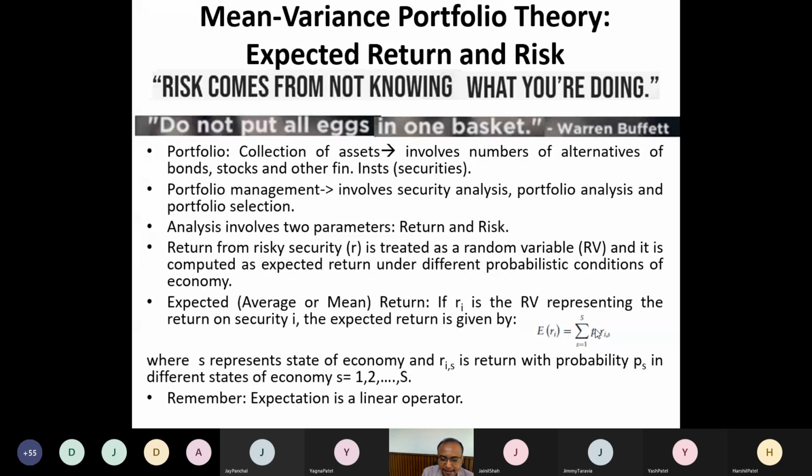Now this PS is predicted by some economist, right? You know, there is an organization called CMIE. Can anyone tell me the full form of CMIE? These are very common things that you should know if you study this subject, because without knowing the practical things, if you just study mathematics, then it's irrelevant.